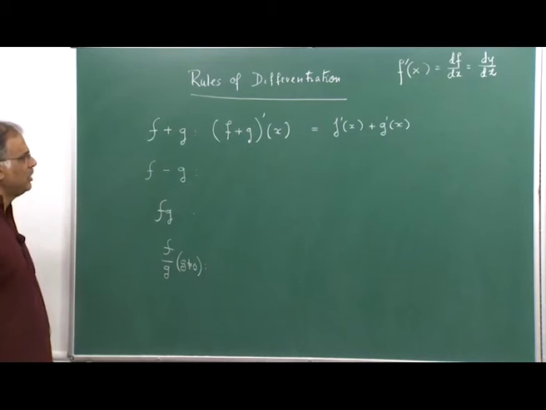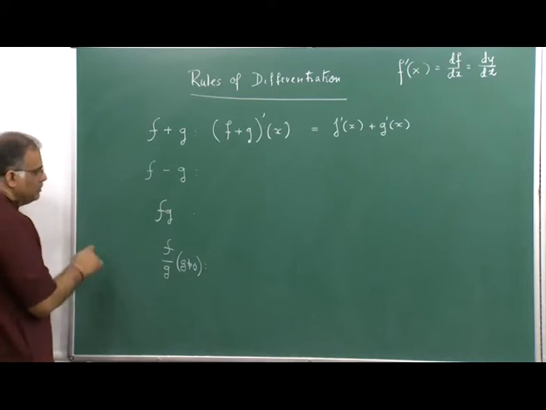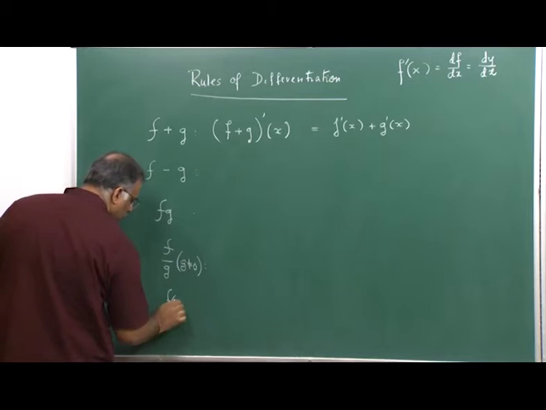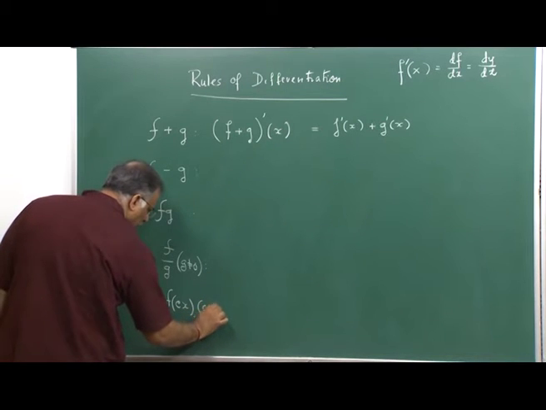Proving this is not a very difficult situation. For example, another thing I just wanted to give you is, if I have f of c times x, where c is a constant, then how would I calculate the derivative?